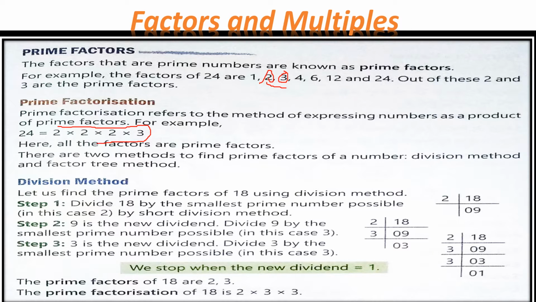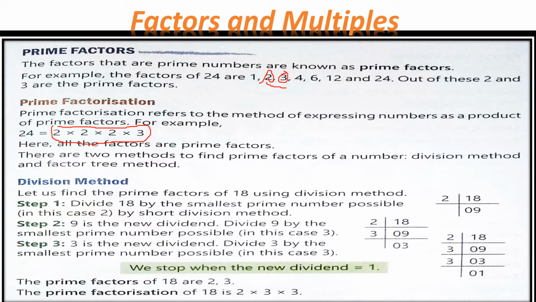Here 24 can be represented in this way: 2 into 2 into 2 into 3, means 2 twos are 4, 4 twos are 8, 8 threes are 24. We can represent it like this, and see one more thing: these 2 and 3 are the prime numbers. Got it, children? So there are two methods to find this prime factorization.